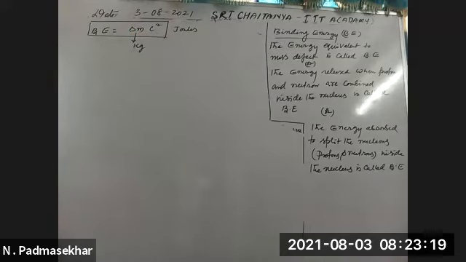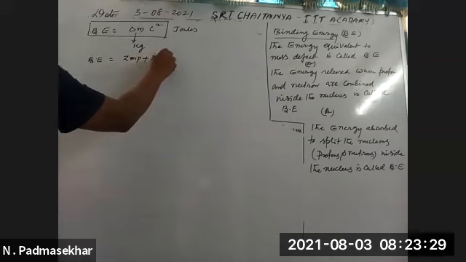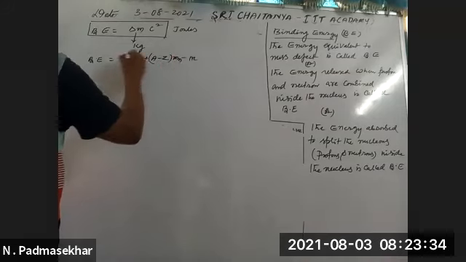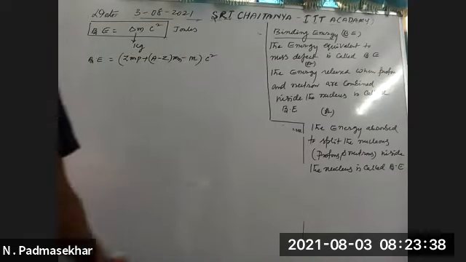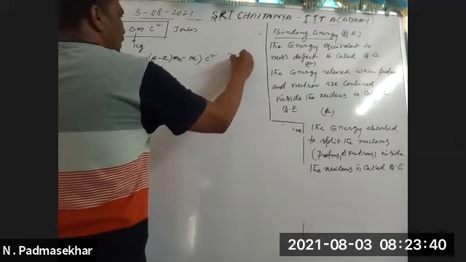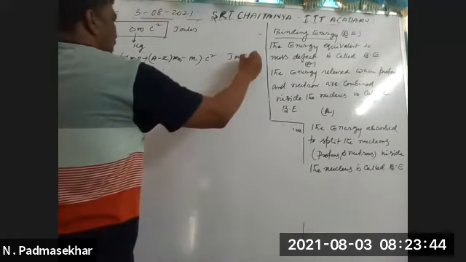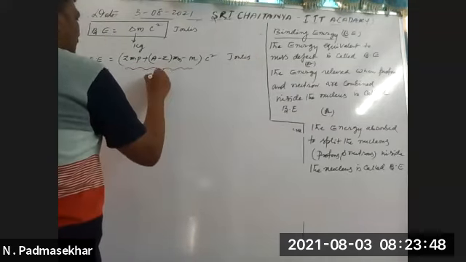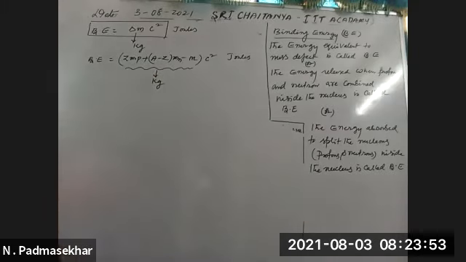Binding energy is equal to delta M, that is [Z Mp + (A - Z) Mn - M], into C square. This is in joules, and mass is in kg.